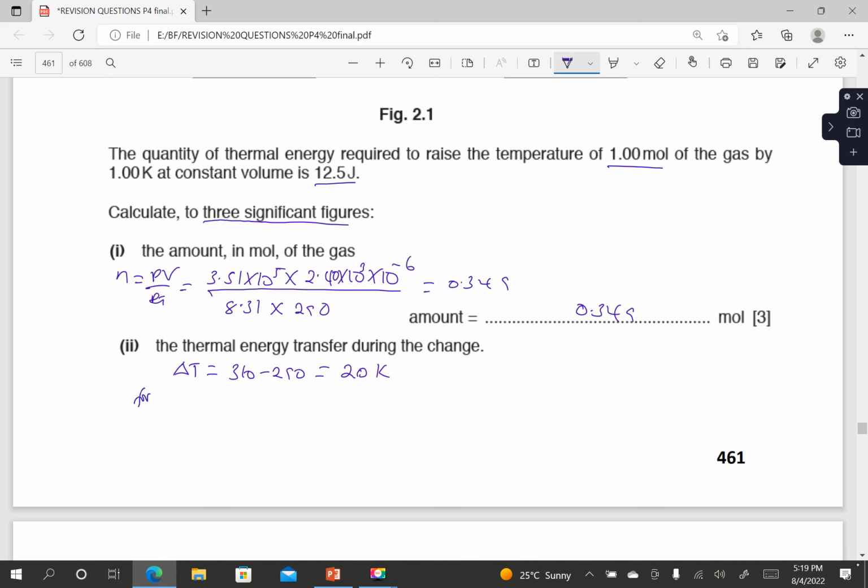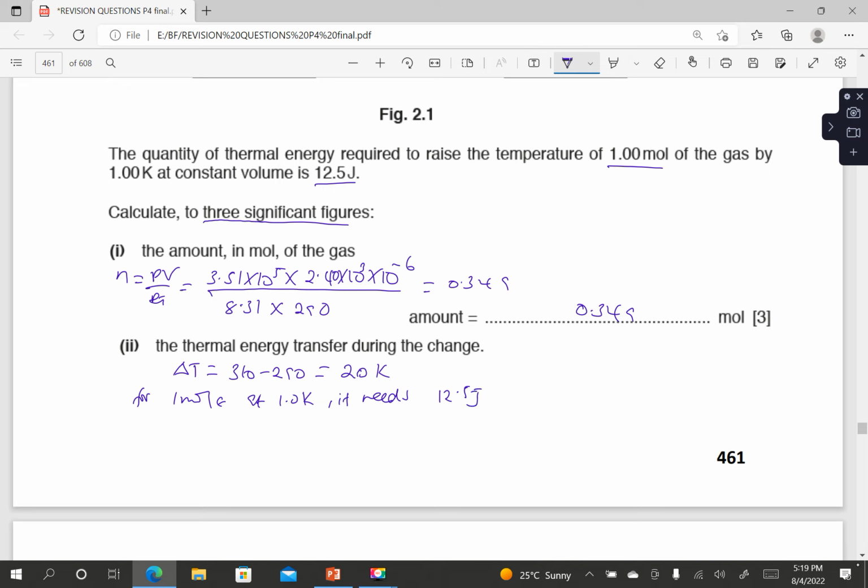So for 1 mole at 1.0 Kelvin, it needs 12.5 joules.